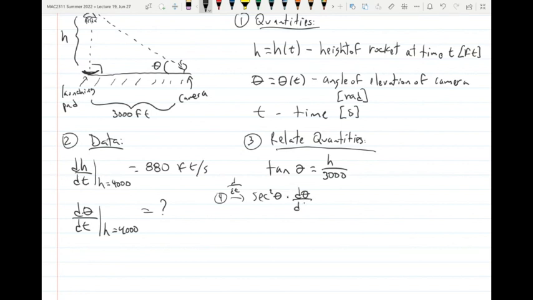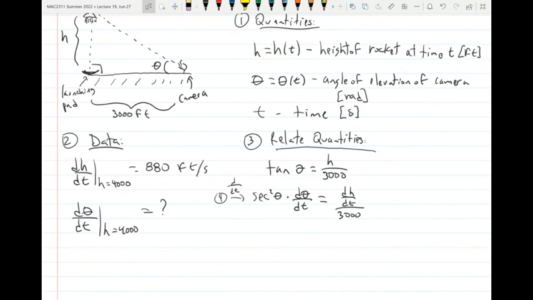Times d theta dt. Everybody okay with this? Chain rule equals, and then the 1 over 3000, that's a constant. So the right-hand side is going to be dh dt over 3000. Questions?